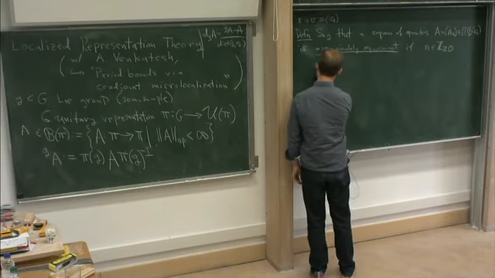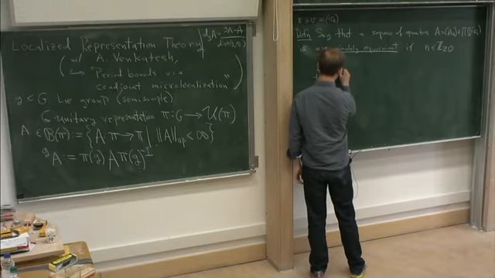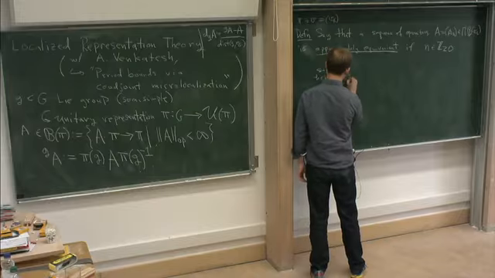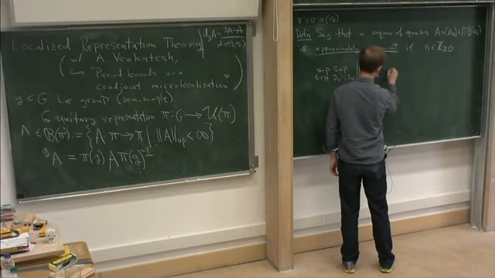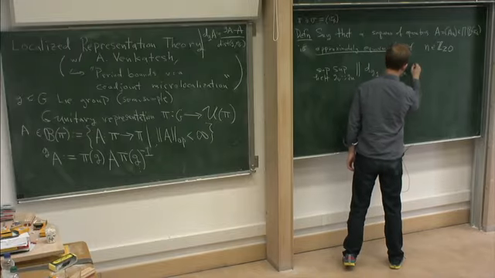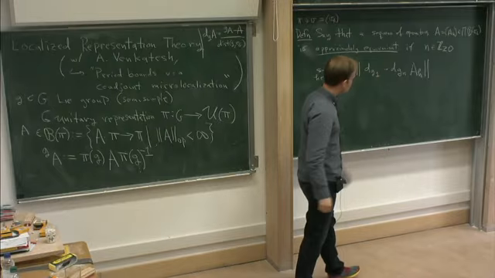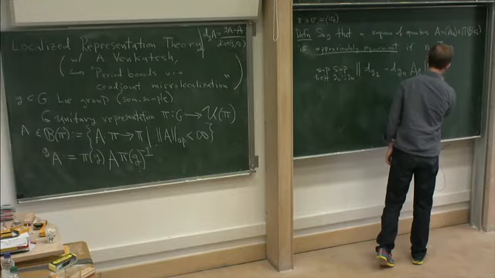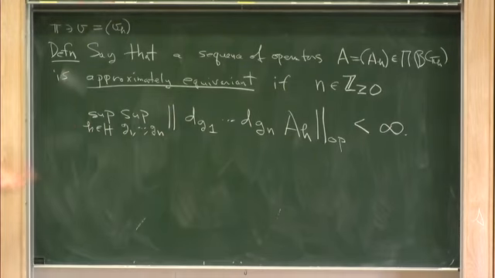Now the condition over here, we'll say that the supremum over H, the supremum over group elements, at most n of them, of the operator norm of several iterates of this map dg applied to the H element of our sequence of operators, be a finite number.